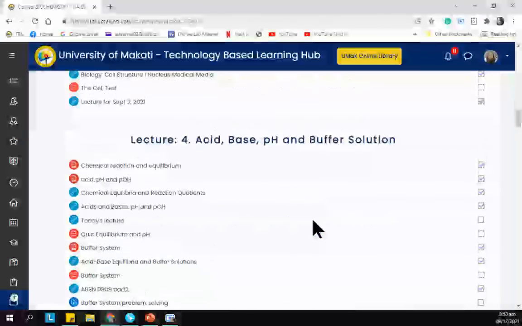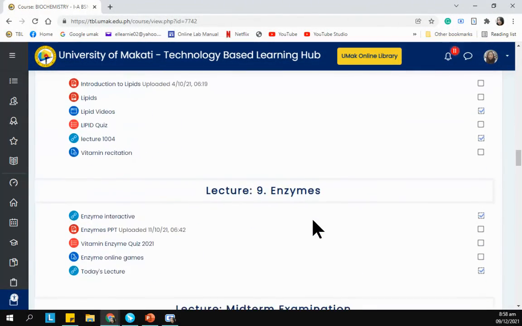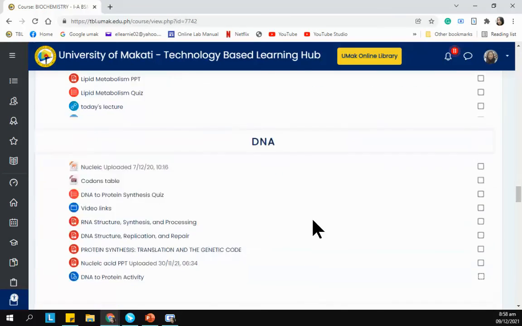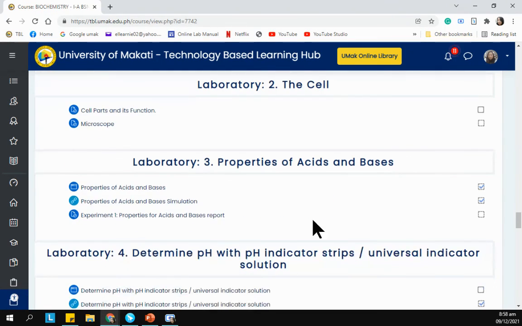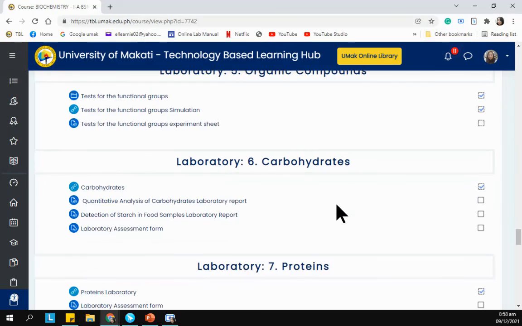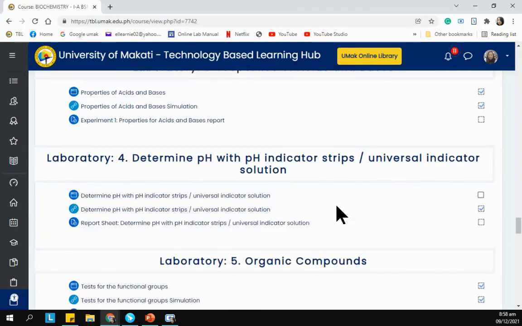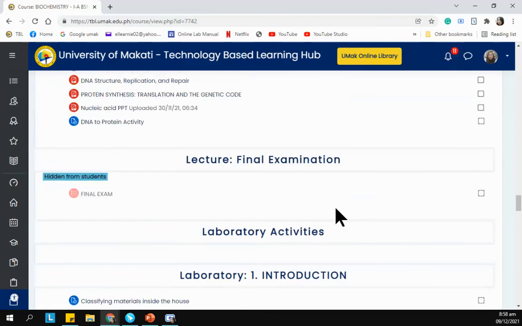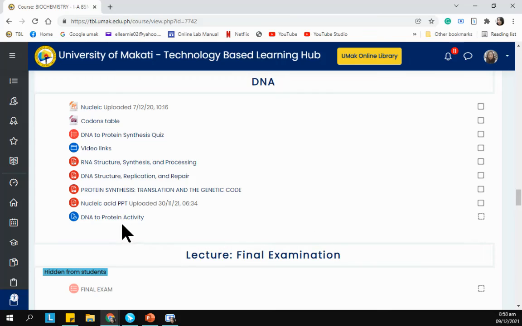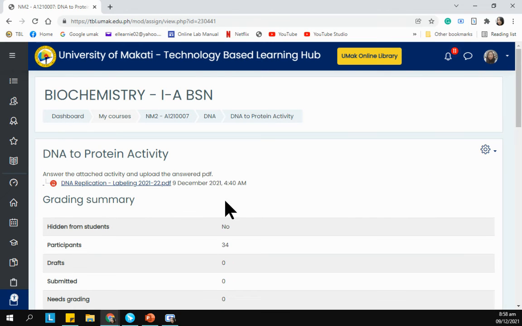Okay, so here, ito yung mga dinagdag ko na activity sa inyo. Okay, so this is the protein activity, DNA to protein activity. So, para makita ninyo, let me just open the file para hindi ko na siya download.